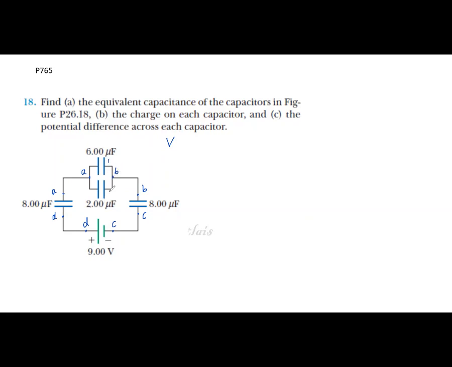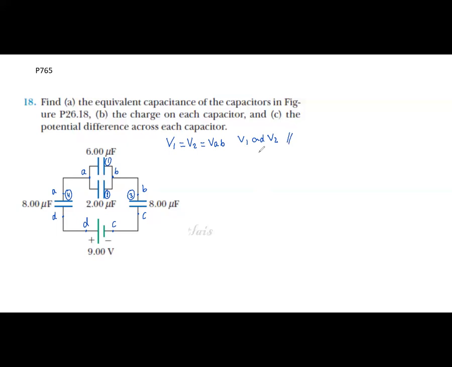It's better to label each capacitor: here we have 1, 2, here we have 3, and here we have 4. So V1 equals V2 equals VAB. So C1 and C2 are parallel.